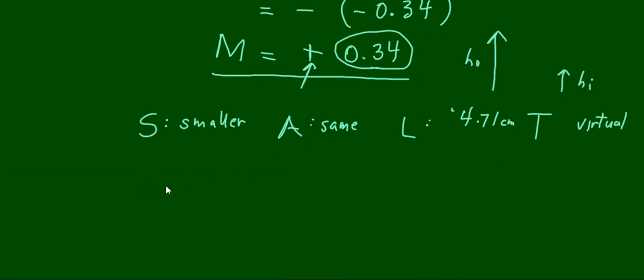So there you have it, the thin lens equation for a diverging lens and the magnification equation of a diverging lens. In all cases, diverging lenses always yield images that are upright, virtual, smaller, and they're all located on the same side as the original object was.